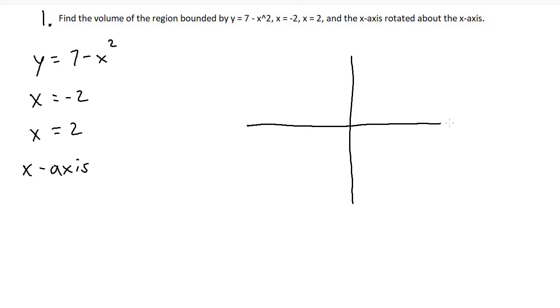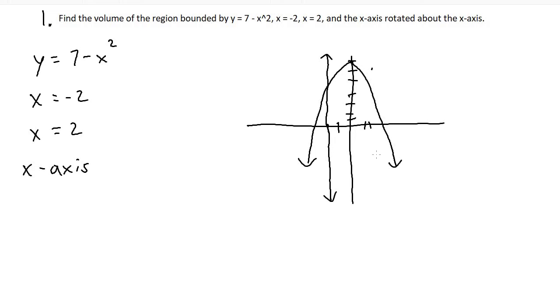So I'm just going to draw a rough sketch of the graph. We have the xy plane here, and y equals 7 minus x squared. So basically we go up 7, and then it's kind of like a downwards x squared graph, something like this. And then we have x equals negative 2 and x equals 2, and the x-axis.